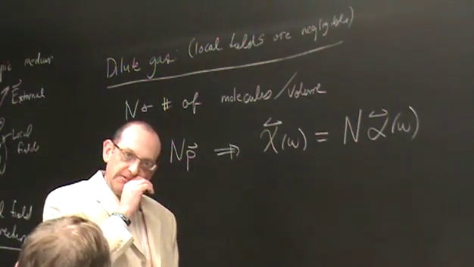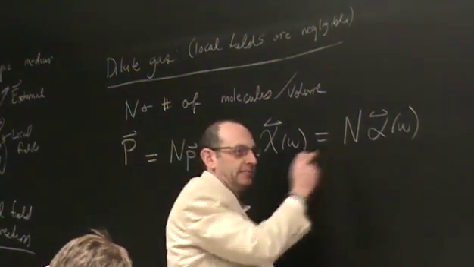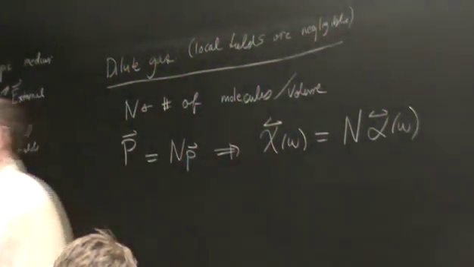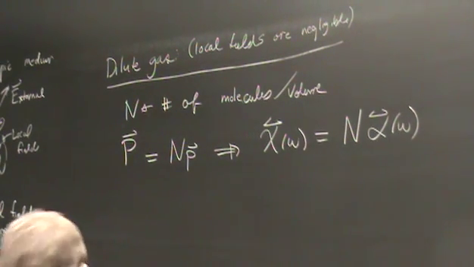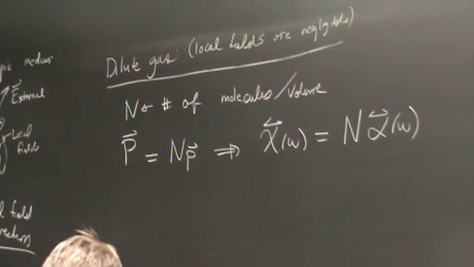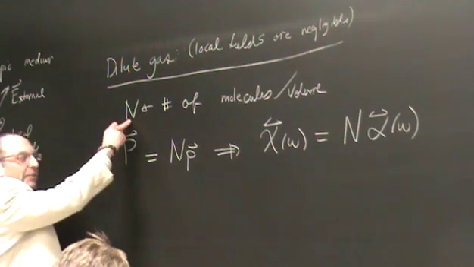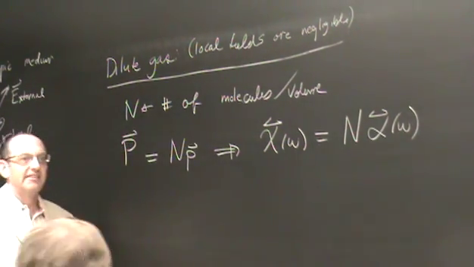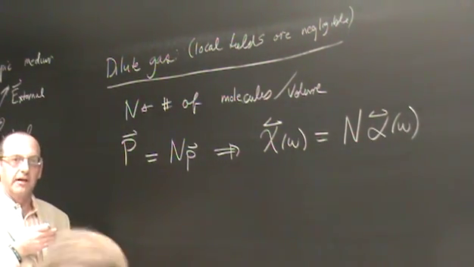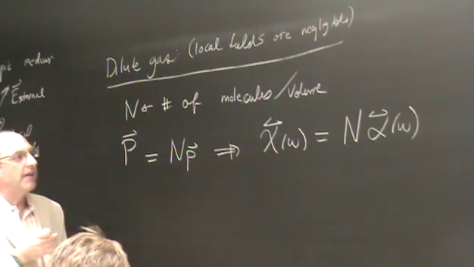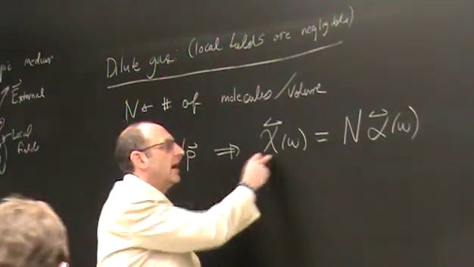Quick question. What are the units of alpha? Well, what are the units of n, the way I defined it? 1 over volume. Okay? And so, what are the units of chi?